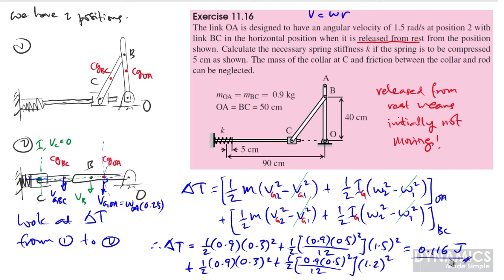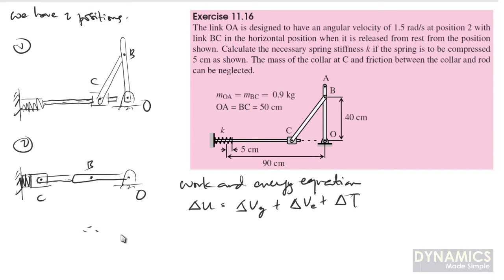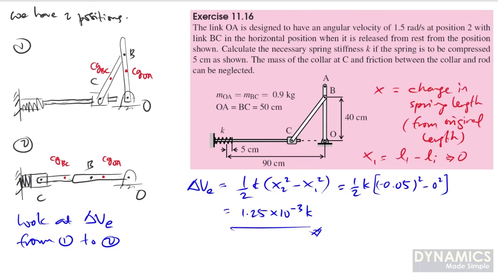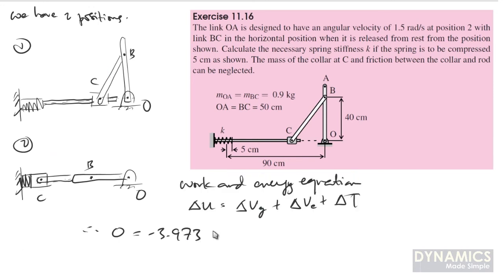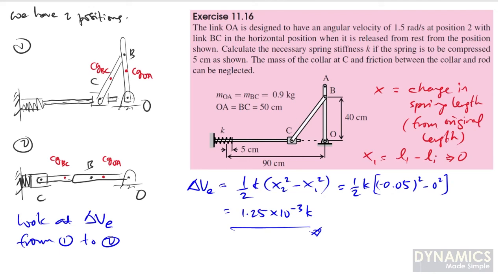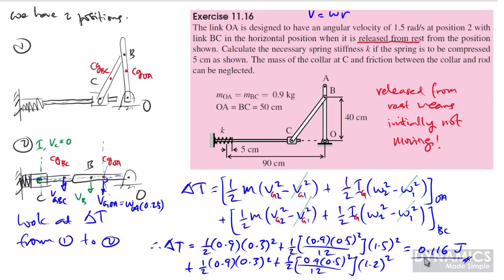Once we have our delta T, we can go back and put everything inside our main equation, which is this equation. So what we'll have: delta U is equal to 0, delta Vg is equal to minus 3.973, delta VE is 1.25 times 10 to the power of minus 3 times K, and our delta T is equal to 0.116.